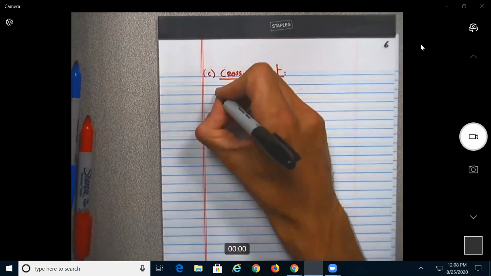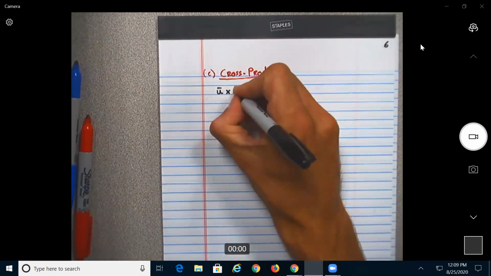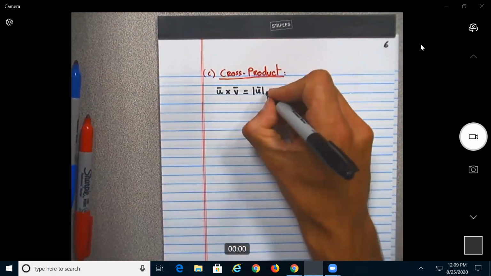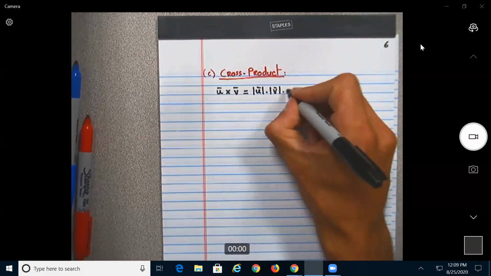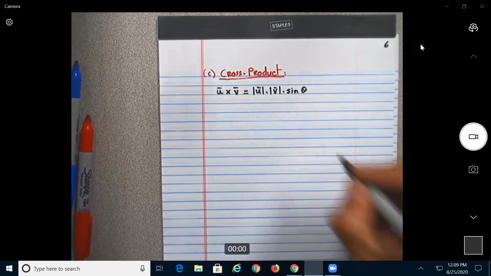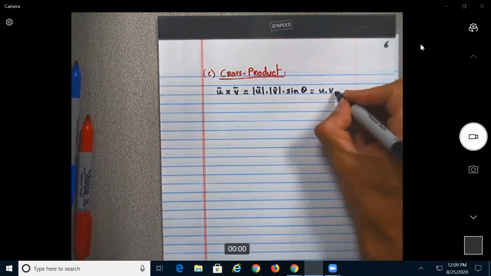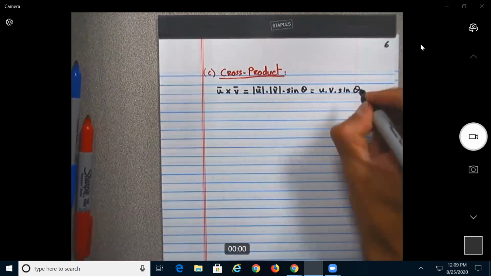By definition, U cross V is equal to the magnitude |U||V| sine of theta.